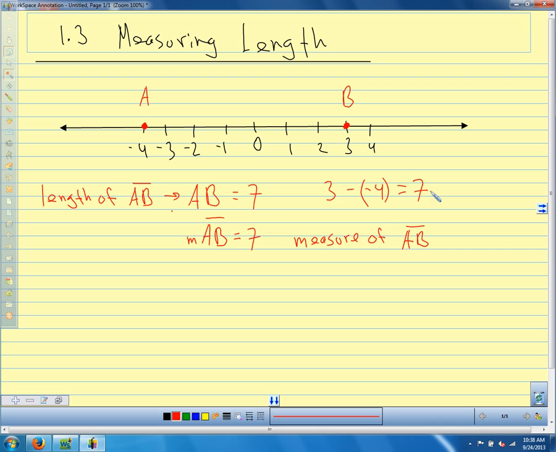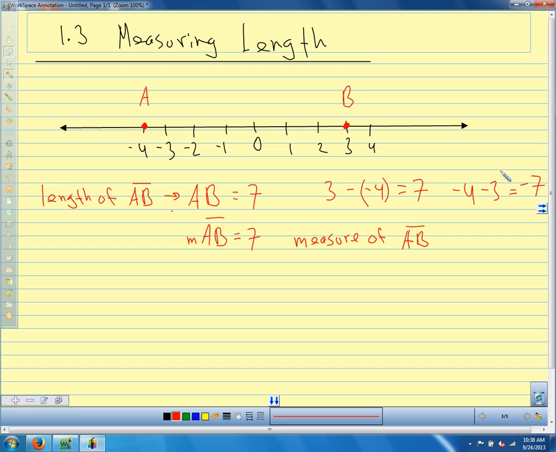Can we ever have a negative length? If I measured this tabletop, could I say it's -5 feet wide? No. So we want our length always to be positive. So if we did our subtraction in the opposite direction, -4 minus 3 equals -7, we still got 7.